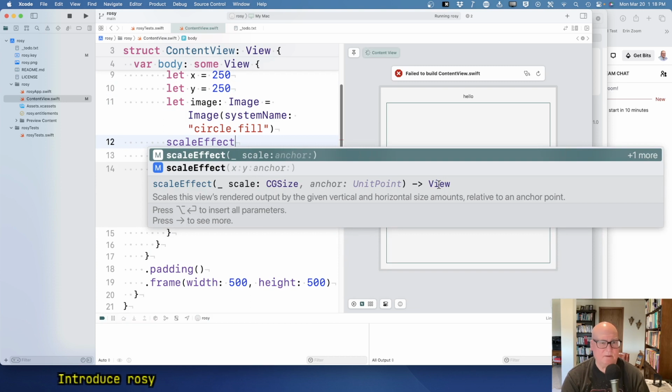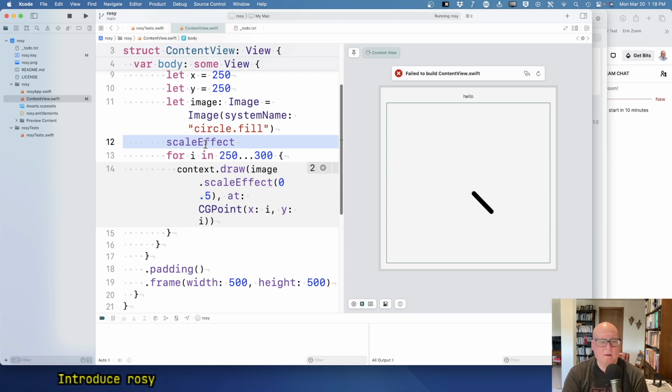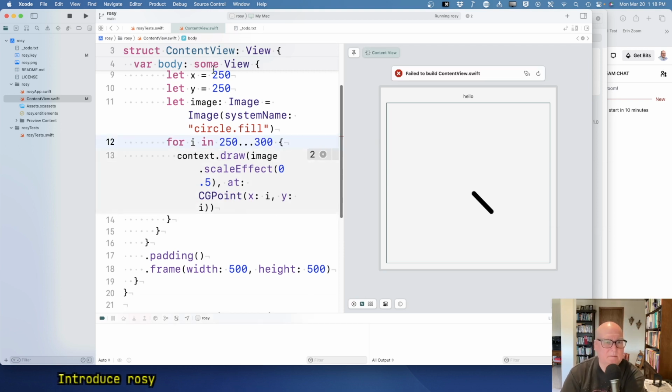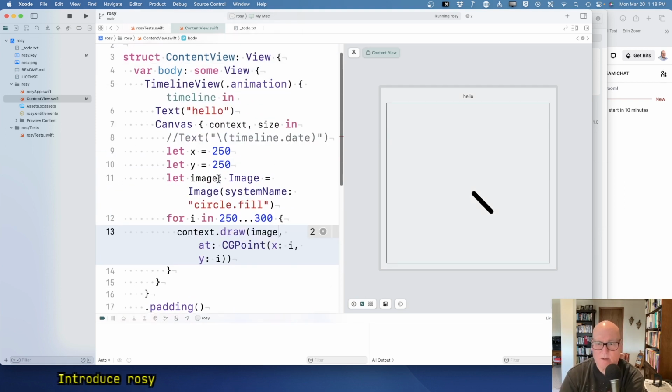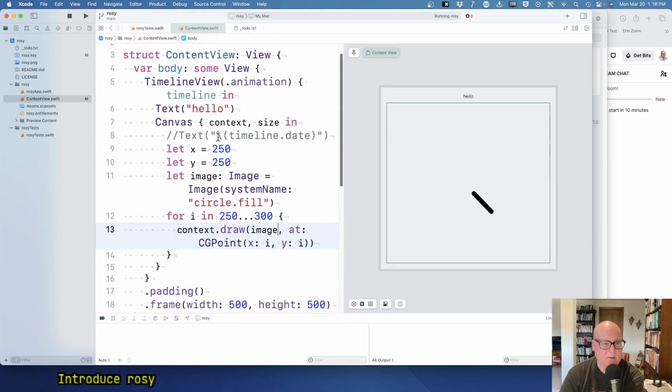Oh, yeah, it's a view. Okay. Draw is happy with an image. Okay, well, let's start there. I guess I'm moving away from what I care about.